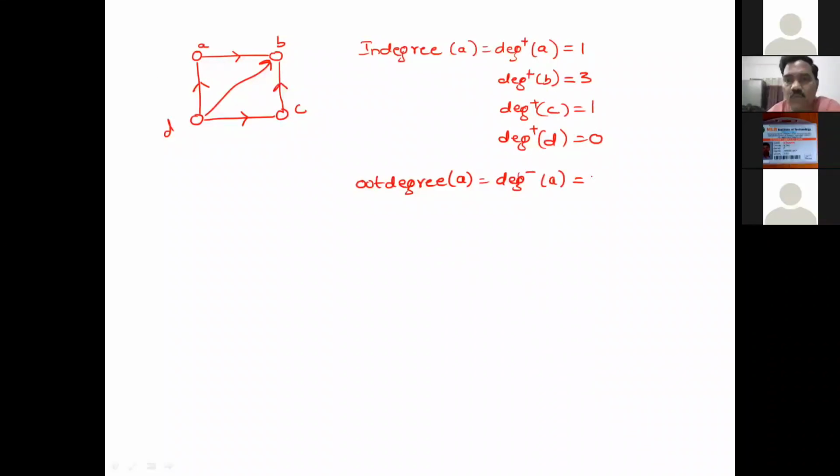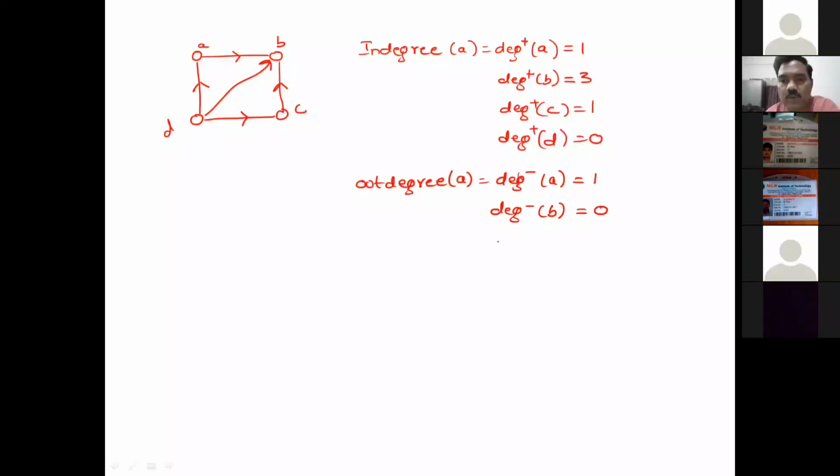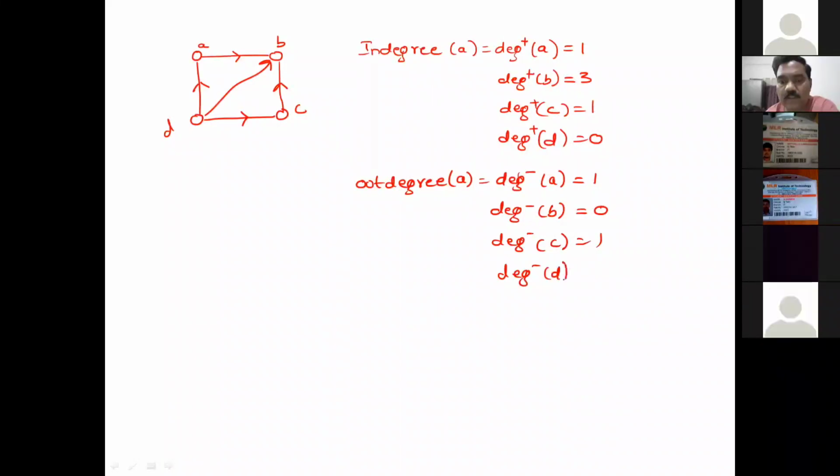What is the out degree of B? 0. What is the out degree of C? 1. And what is the out degree of D? 3.